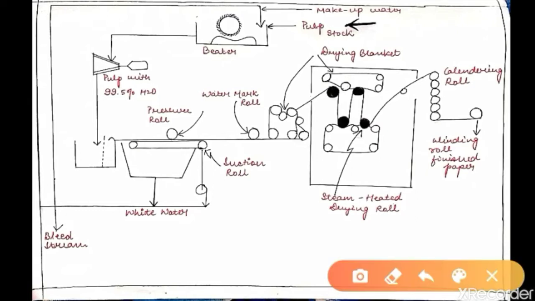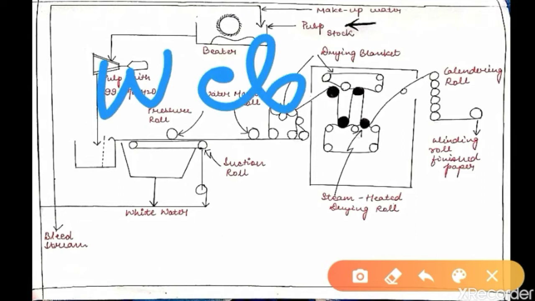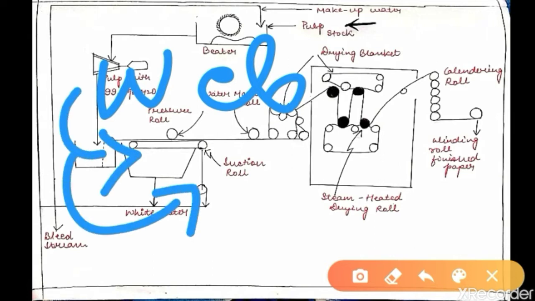So let us understand what is actually happening. See, we need to do three simple things. What is that? We need to make a web out of the fiber. Okay, after the web formation, a wet web is formed. We need to pressurize the wet web with the help of the pressure rolls, and we need to dry it.